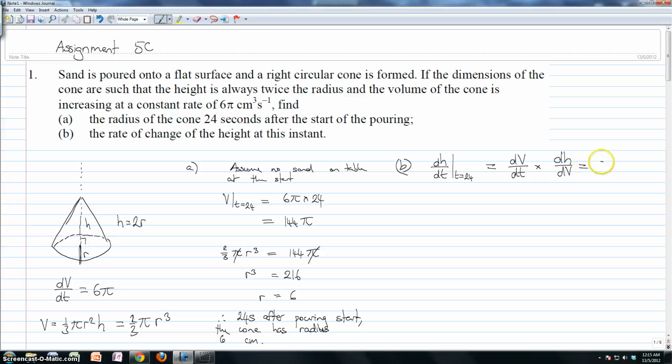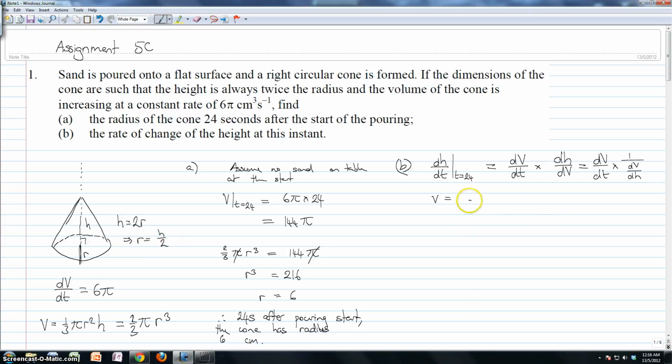And of course we've got a very nice theorem that tells us that dh dv is just the same thing as 1 over dv by dh. So what is dv by dh? Well, what is v in terms of h? Let's rearrange this so that it says r is equal to h over 2.